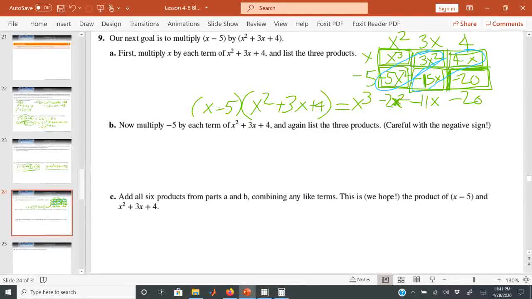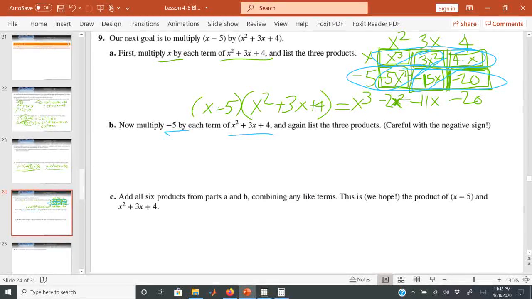And actually, I just noticed they just wanted you to multiply x times everything. So multiply x times each term. That's actually what I did up here. Question B, multiply 5 times each term. That's actually what I did here.